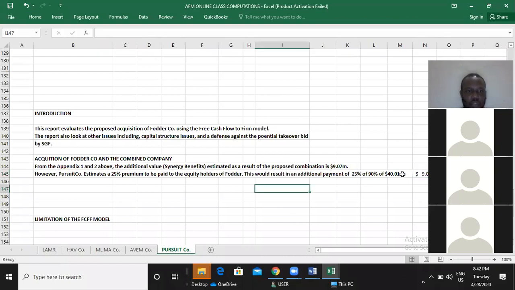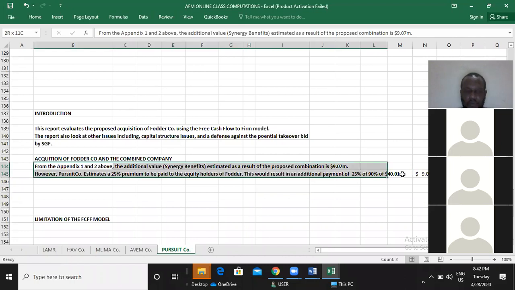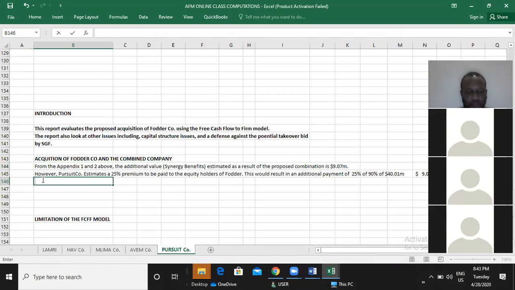Okay, so what happens now? Therefore, the remaining value to Pursuit's shareholders.